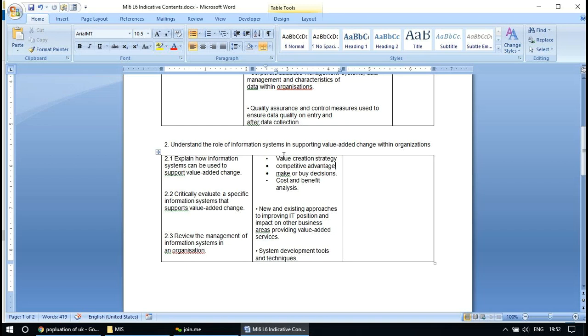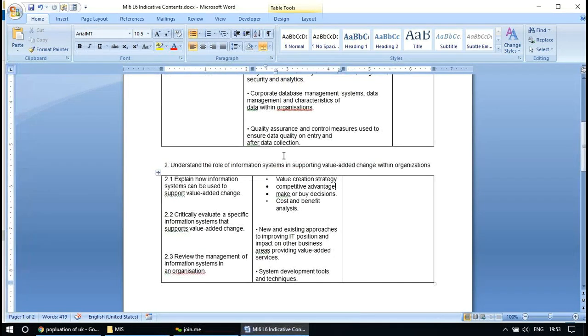So if we could list out the different types of information systems, each would have a different value added change, and those could be used for a specific type of organization. That was the overall discussion.